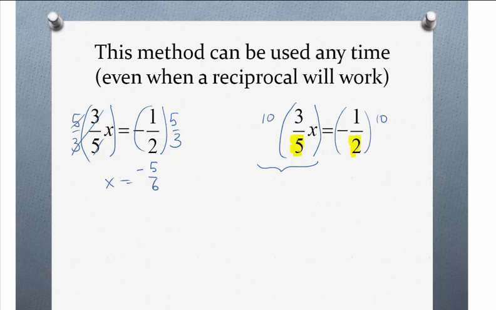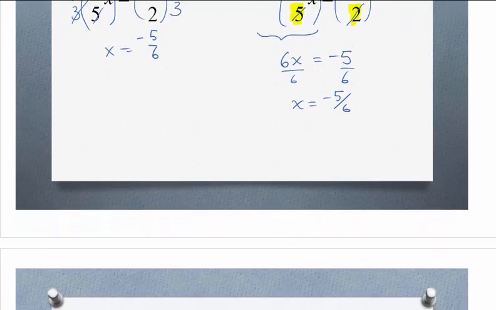When I do that, 5 divides into 10 2 times, so I get 6x on this side. 2 divides into 10 5 times. Negative 1 times 5 is negative 5. And then I divide by 6, and I get the exact same solution that I did when I used a reciprocal. So you can use either method in these last couple of examples.